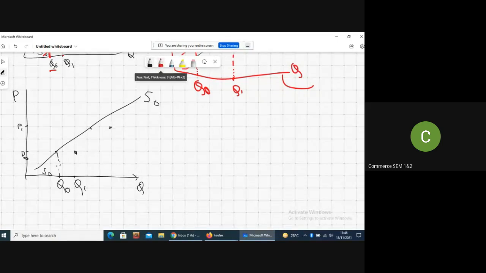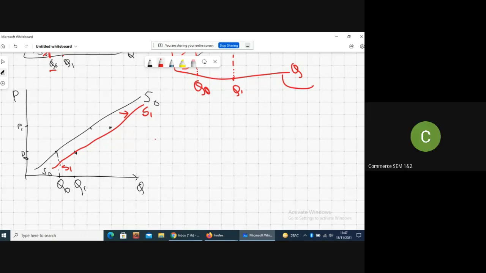If you join these 2 points, you will get the new supply curve of rice, S1, where the supply curve is shifting parallelly to the right. Fine? Yes, sir.